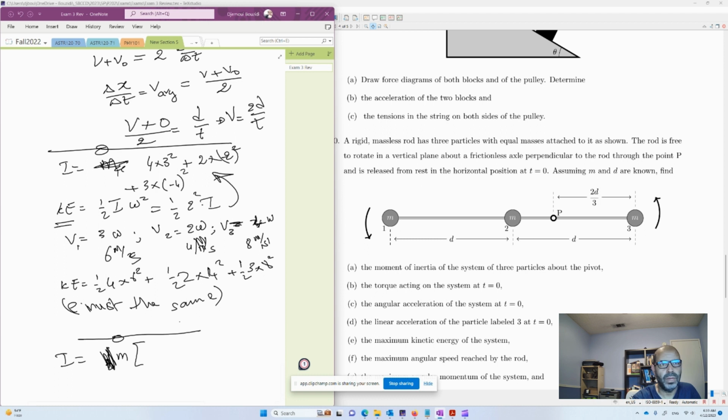So mass times this distance, which is 4d squared over 3 squared, plus d squared over 3 squared for this one, because it's a 1/3 distance, plus finally the last one, which is at a distance of 1 plus a third, which is 4/3, so 4 squared d squared over 3 squared. Okay, again, this one should be 2 squared over 3 squared d squared, which is 4d squared over 9.